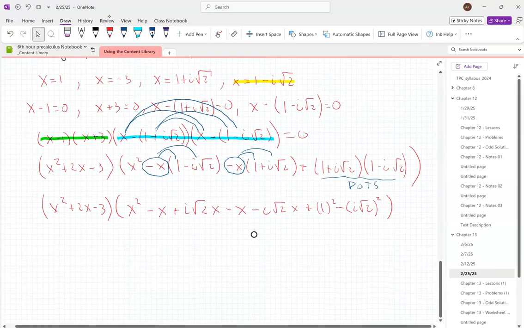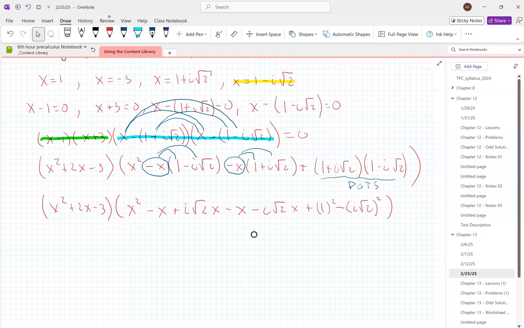So there's my result after I distribute everything through and I do my difference of two squares. If I look, I have a positive i root 2x and a negative i root 2x. So those guys just cancel each other out. 1 squared is 1. If I do i root 2 squared, well, that's going to be i squared times root 2 squared. Remind me again, what does i squared equal?